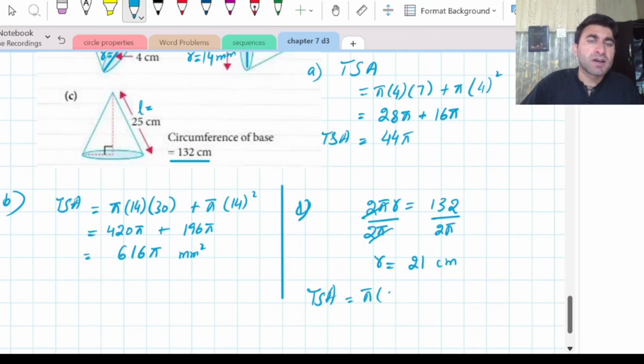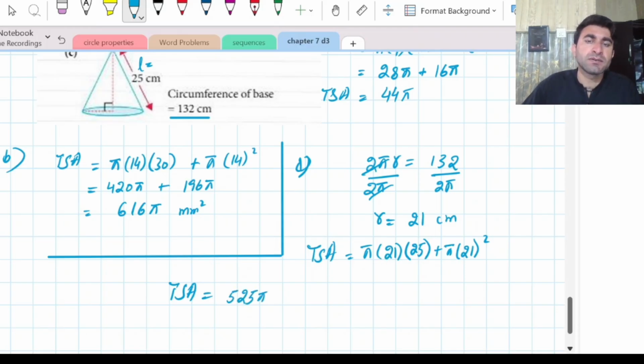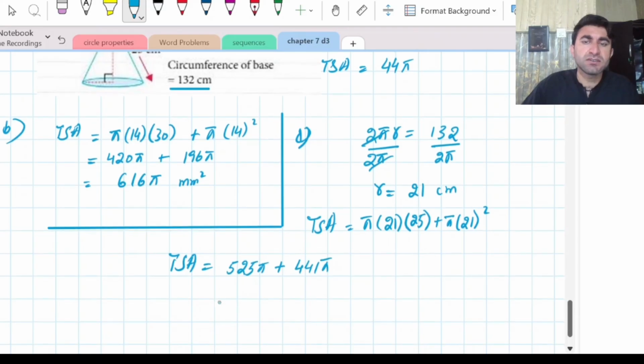So the total surface area shall become pi r l, pi times 21 times 25, plus pi r square, pi times 21 square. So here the total surface area for the D part shall become 21 times 25, which is 525 pi, plus 21 square is 441, so 441 pi, and when we add the two, the total surface area shall become 966 pi centimeter square.